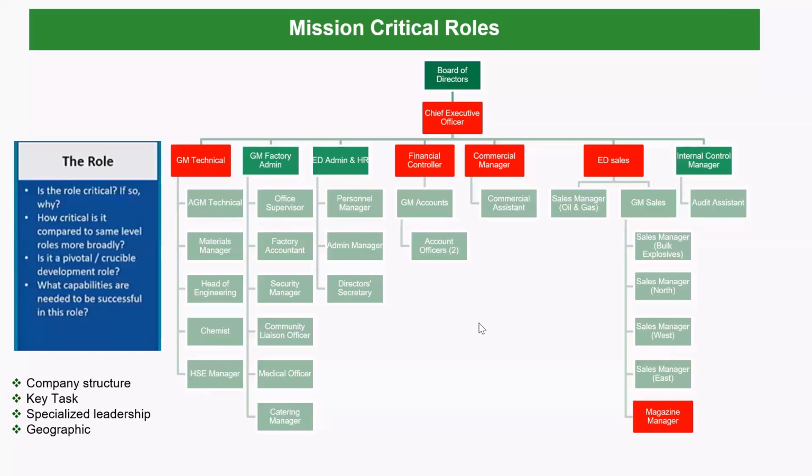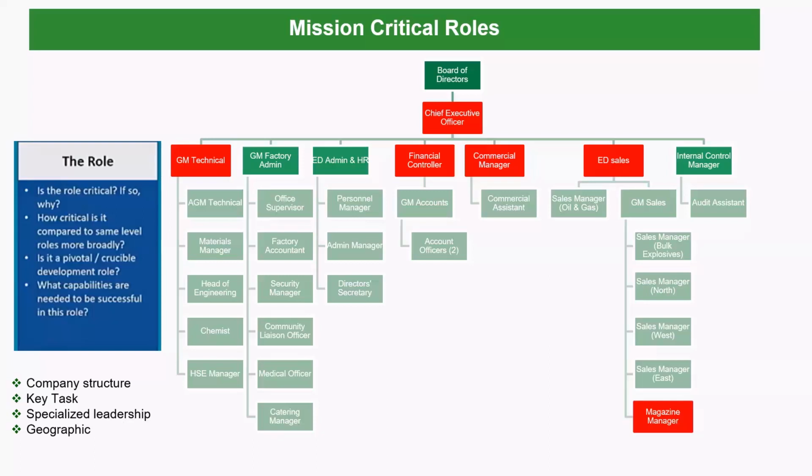There are some tasks today, in manufacturing for example, when you have an operations manager or someone responsible for operations, if that function is not there, I can tell you that it will stop the critical operations of that organization. Then specialized leadership. Some roles require special competencies and unique expertise.